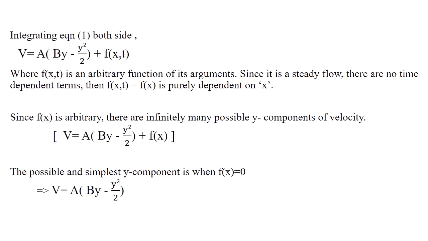So now since f(x) is arbitrary, there are infinitely many possible y components of velocity. In the question it was asked how many y components are possible. So we have found that infinitely many y components of velocity are possible, and after making f(x, t) equal to f(x), we will get the equation v = a(by - y²/2) + f(x).